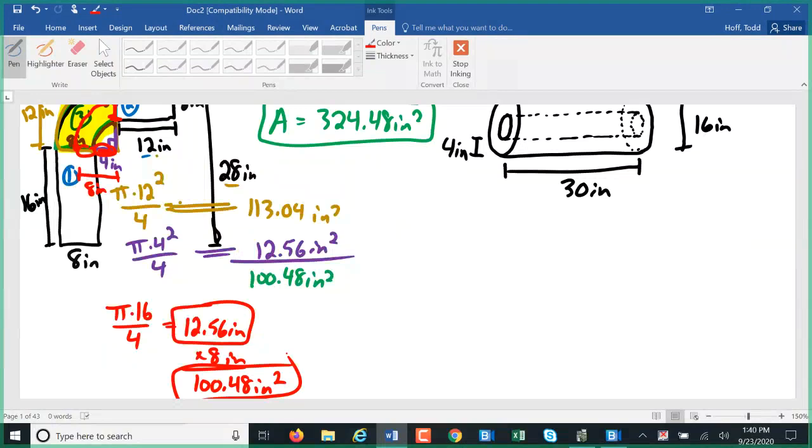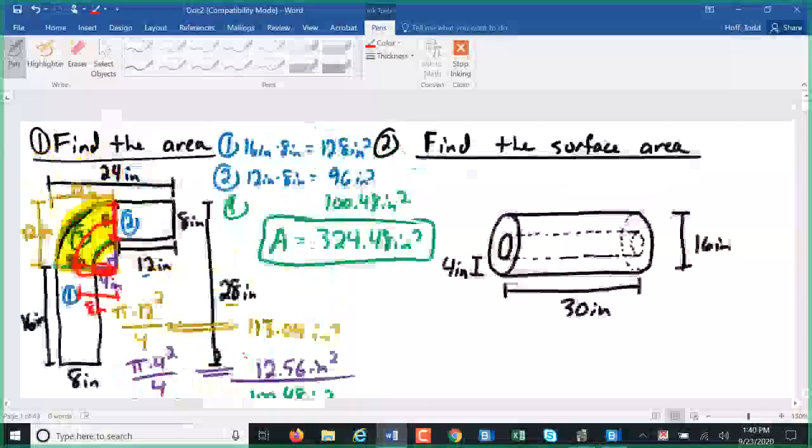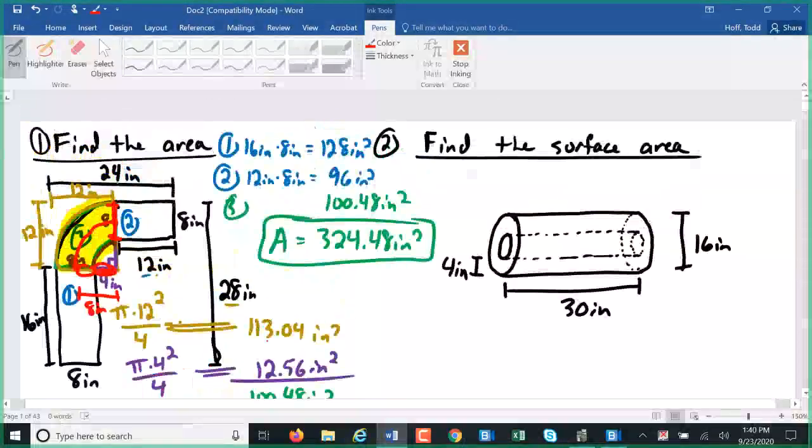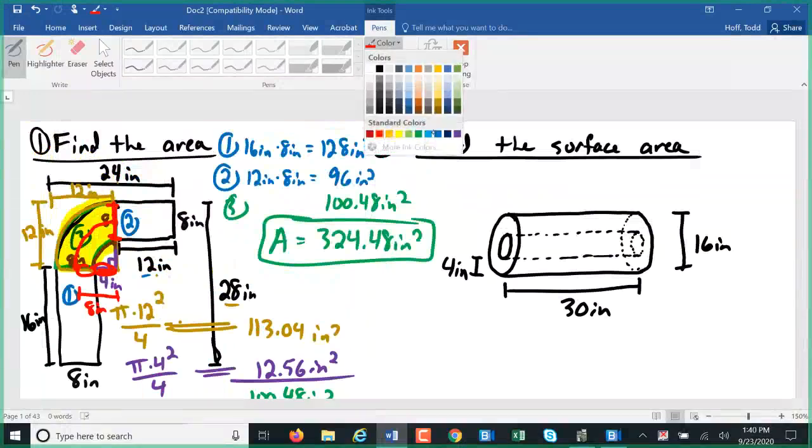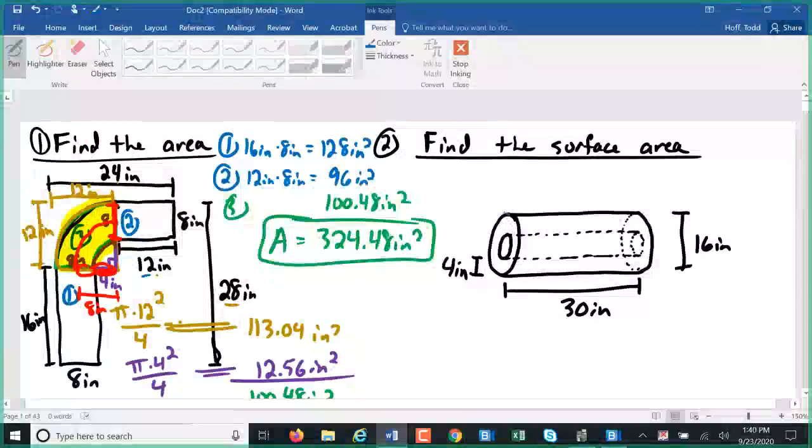Okay, let's go over to problem number 2 here, the surface area. Start out here, we're going to find the surface area of that large cylinder in blue there. Like we did yesterday, we have the large circles on the end. The area of those is pi times 8 squared.